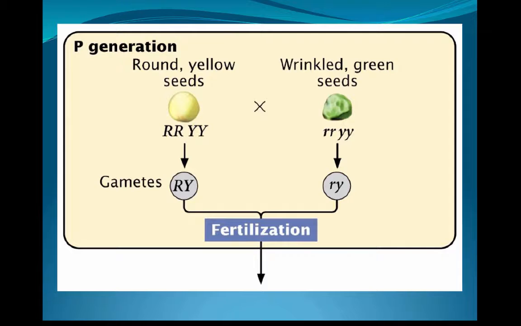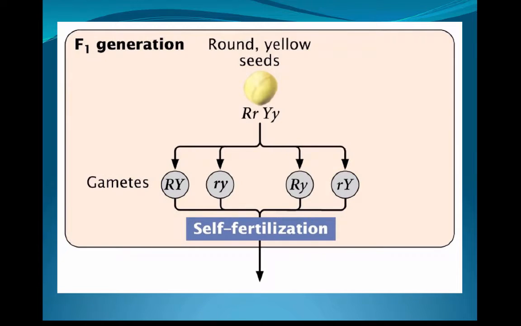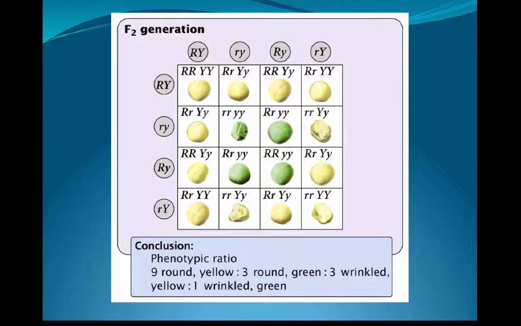The problem we looked at most specifically was taking two individuals that were homozygous dominant and recessive, respectively, for round and yellow and then wrinkled and green seeds. In the F1 generation, it produces 100% heterozygotes, and those heterozygotes are then allowed to interbreed or self-fertilize, resulting in an F2 generation with the ratio of 9:3:3:1.